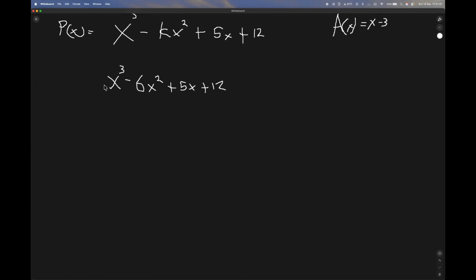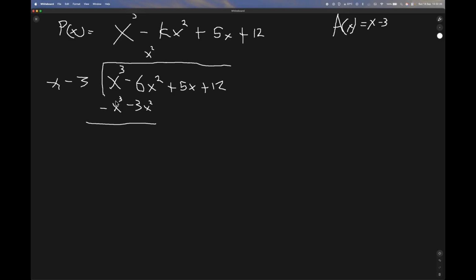So let's put up our little divisor thing, x minus 3. I didn't think that through with that space there. Anyway, so x times x squared will give us x to the 3. Put our x to the 3. X squared times minus 3 is minus 3x squared.